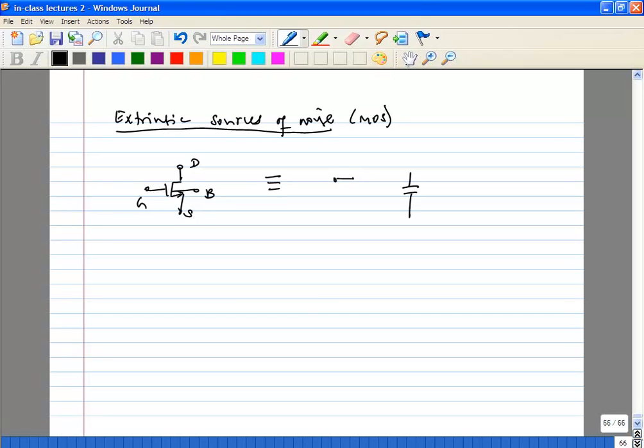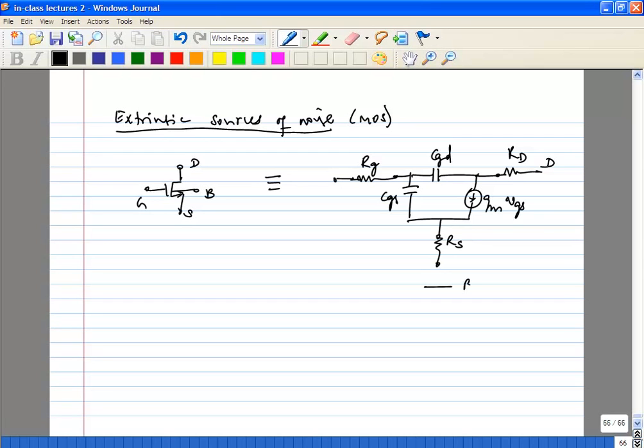So let's look at your CGS, CGD, Gm. What you could have: RG, RD, RS. So you could have series resistances due to either design or layout.